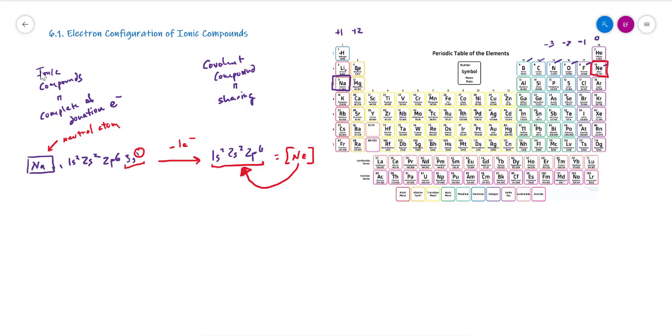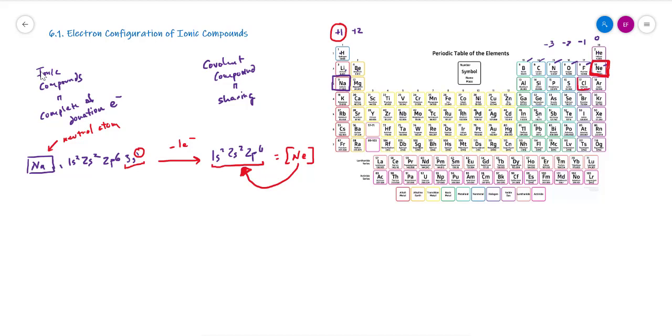This is why the group 1A elements tend to only lose one electron to become +1. It only takes losing one to become this nice, happy, stable, full shell configuration of a noble gas.